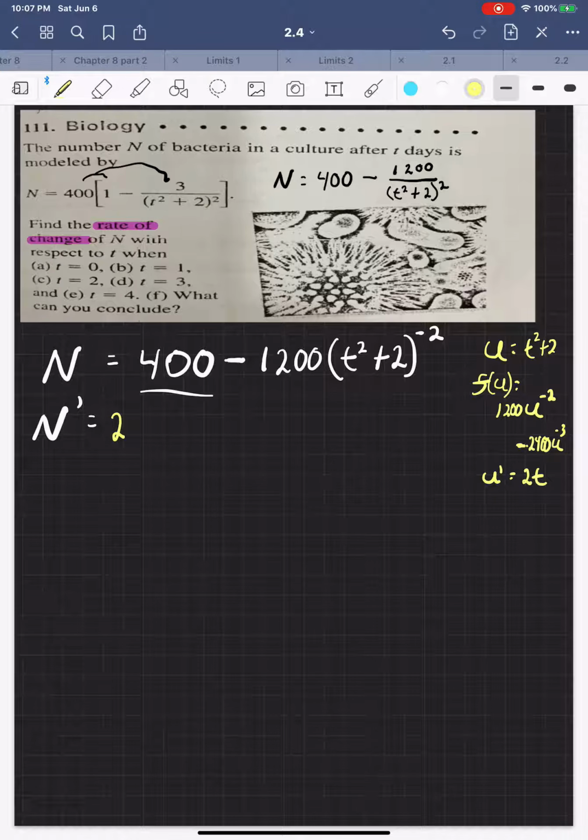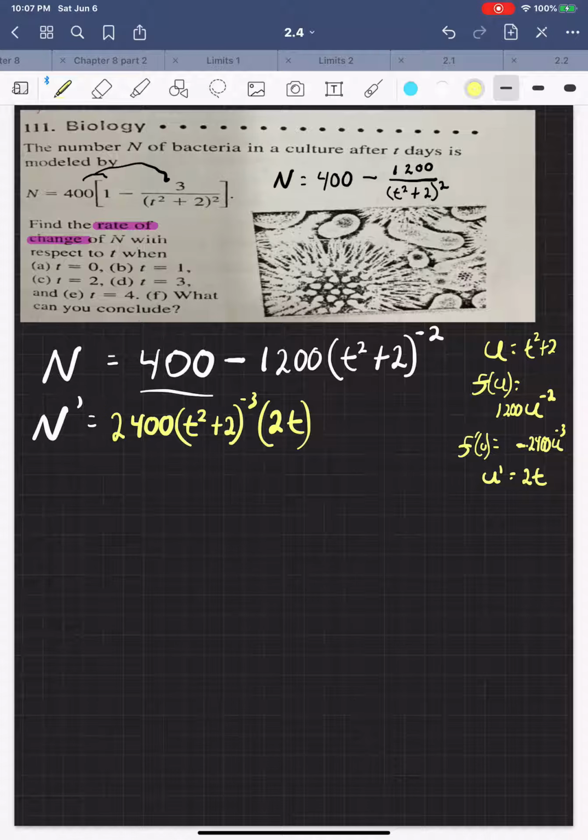So that's negative 2400. So, all right, because you already have a minus symbol in front of the 1200, that minus negative is going to end up being positive 2400 times t squared plus 2 to the power of negative 3 multiplied by 2t. All right, so let's clean that up.